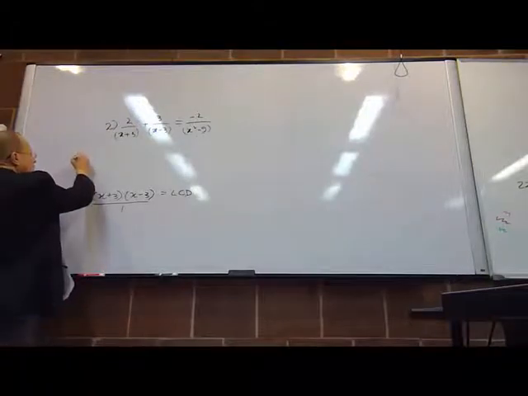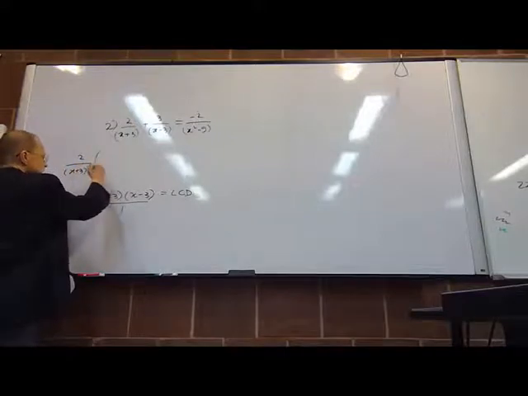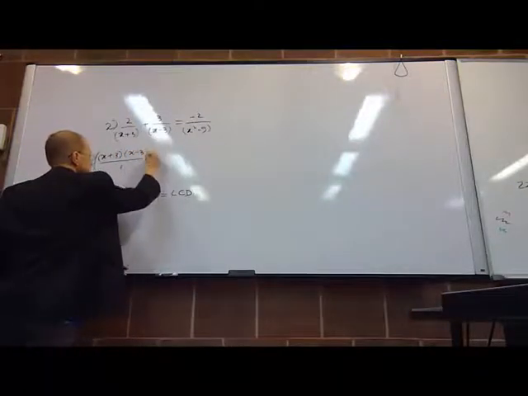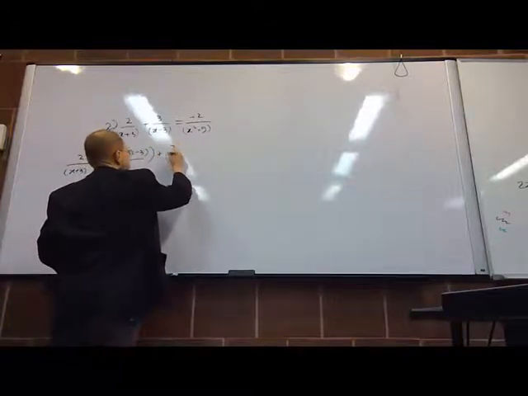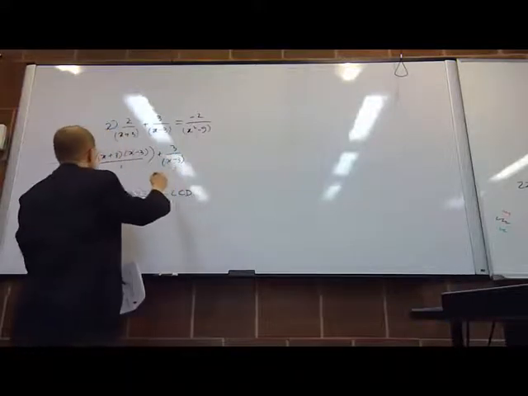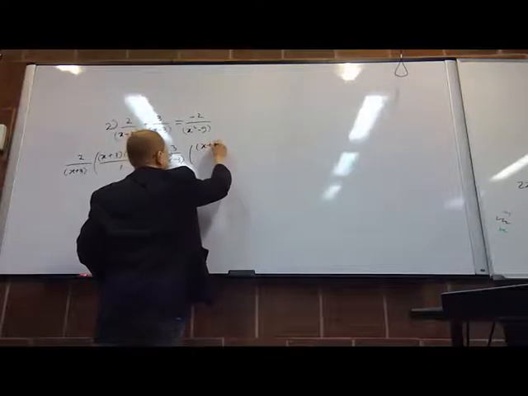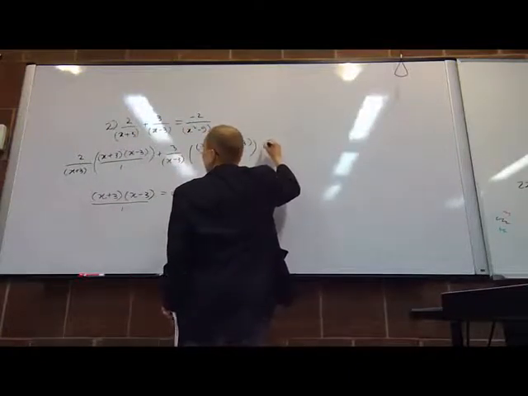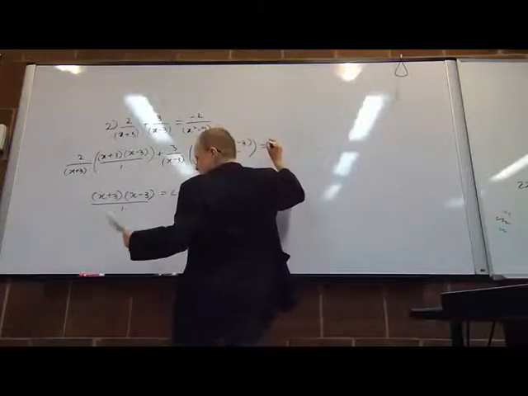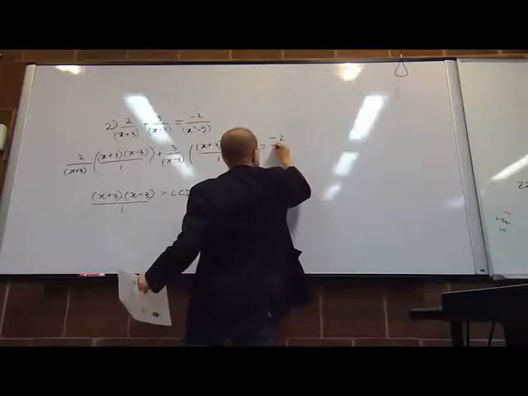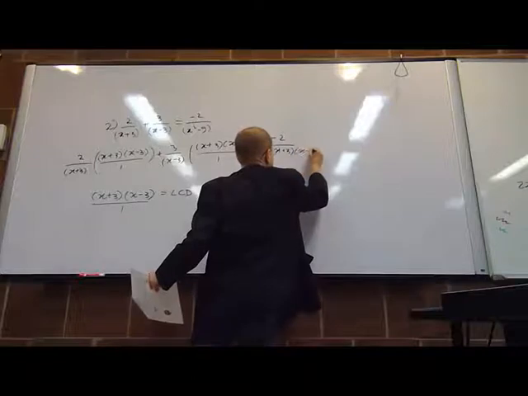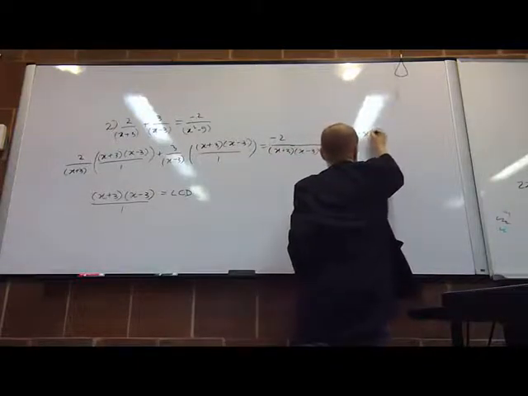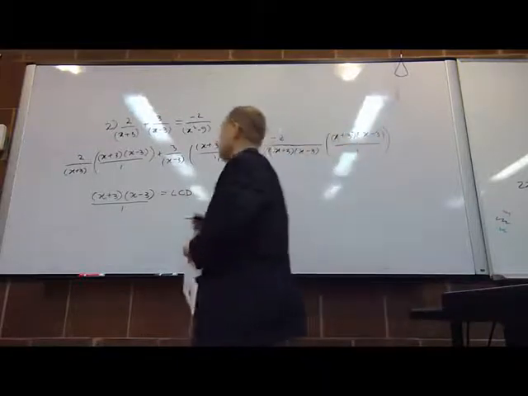So I have now 2 times x plus 3, and then I have x plus 3, x minus 3, and then I have the next term, 3, x minus 3, times x plus 3, x minus 3 over 1, plus 1 is equal to negative 2 times x plus 3, x minus 3, and then multiply that by x plus 3, x minus 3, and I'll put it over 1 for tidiness.